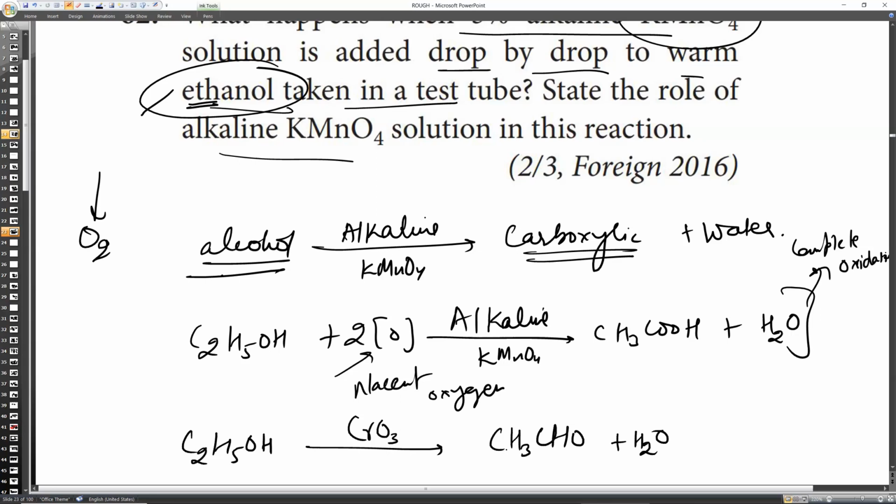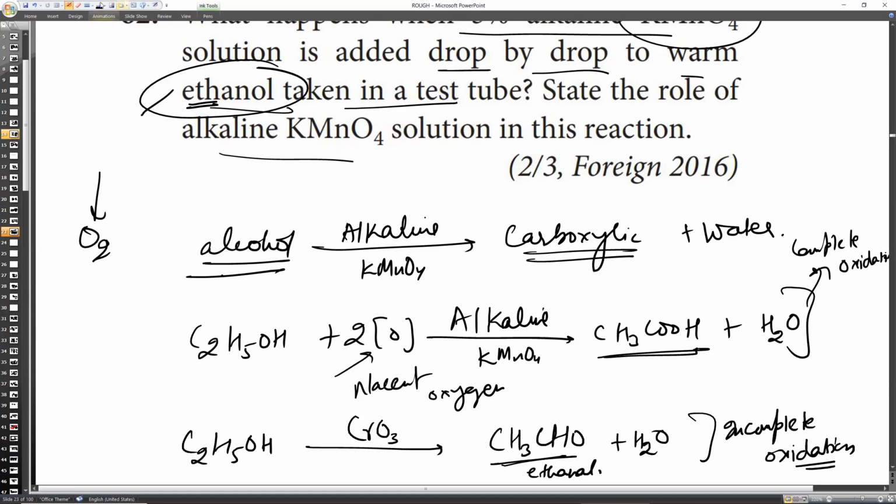Keep in mind that this is the incomplete oxidation. So when incomplete oxidation takes place, the reagent changes. If we add alkaline KMnO4, it gives carboxylic acid. If we use chromium oxide, it gives aldehyde. That is for ethanol.